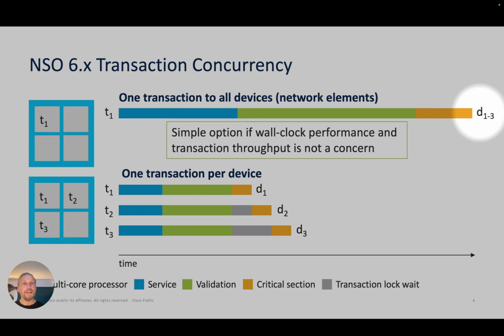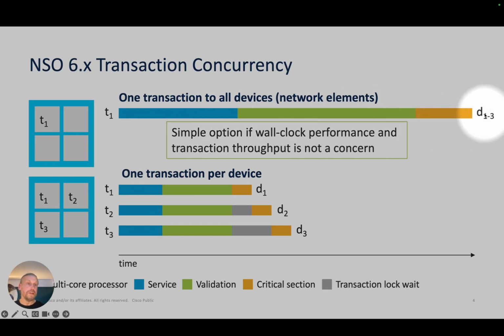In this case, since you only have one transaction going, you know that there will be no other transactions going concurrently, so you can just skip commit queues and commit to the devices, since you don't have anyone waiting for the lock.